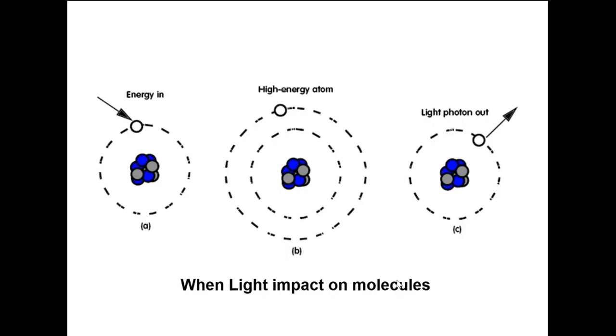Each biomolecule has a peculiar property of absorbing light of definite wavelength. Not all biomolecules are capable of absorbing light of all wavelengths. So the interaction between light and biomolecule is very, very specific.